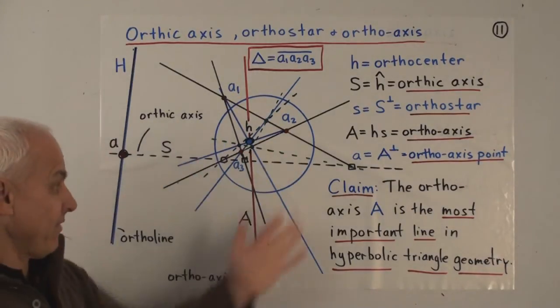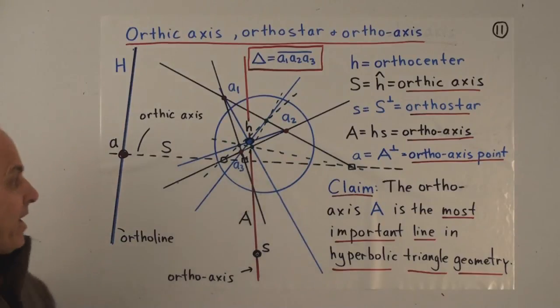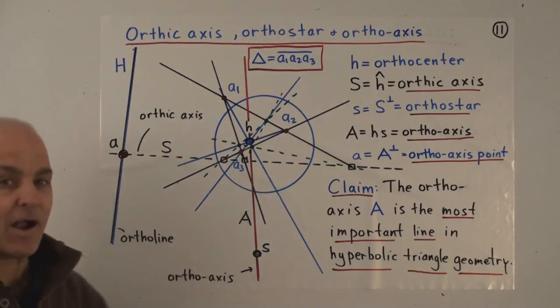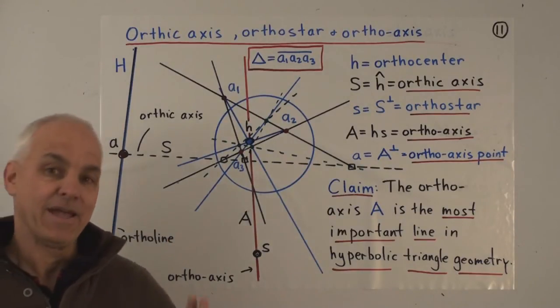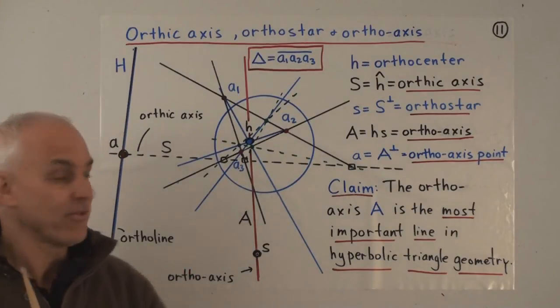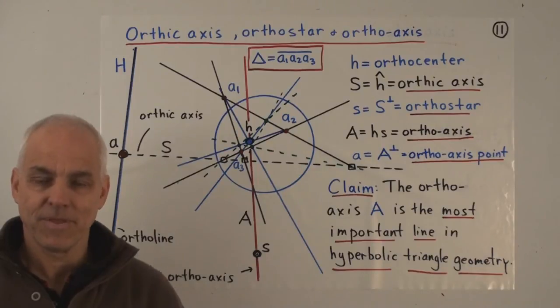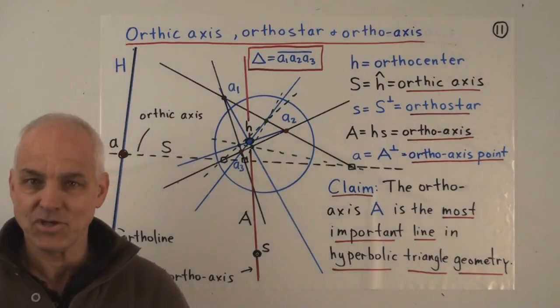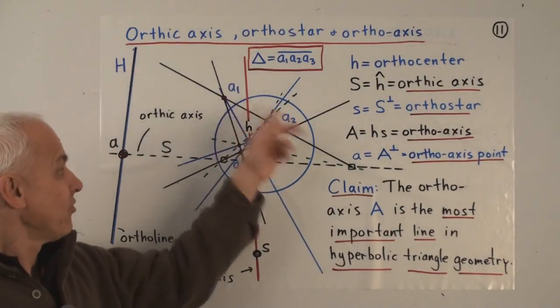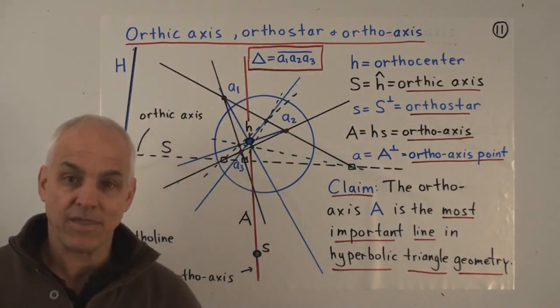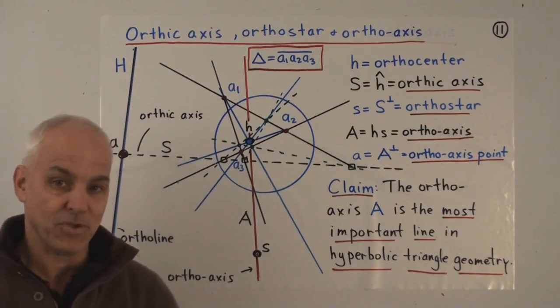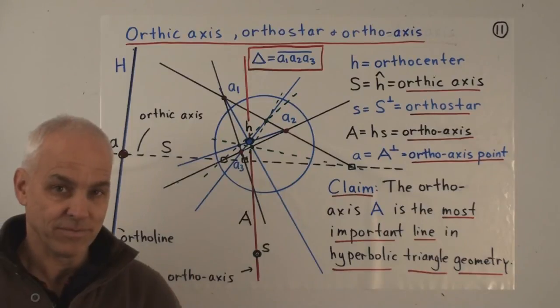So this is a very rich diagram. Already you can spend a lot of hours thinking about this and constructing some examples of all these things for yourself. So please do that. Get out your straight edge, draw a base circle, draw some random points A1, A2, A3, and construct all of these things. You can do it all with a straight edge.